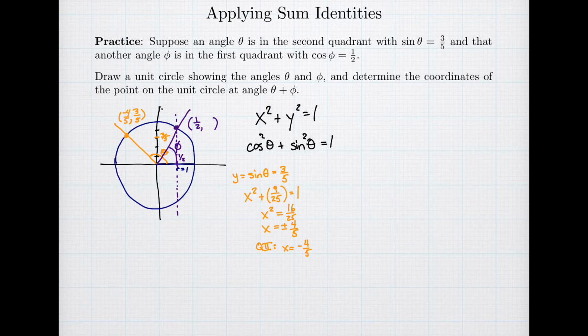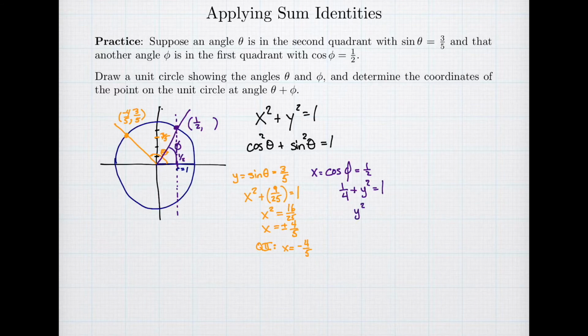For my second point, I know that the cosine of my angle phi is equal to 1/2. That is an x-coordinate. And so x squared plus y squared equals 1 becomes: x squared will be a fourth, the y I don't know, equals 1.